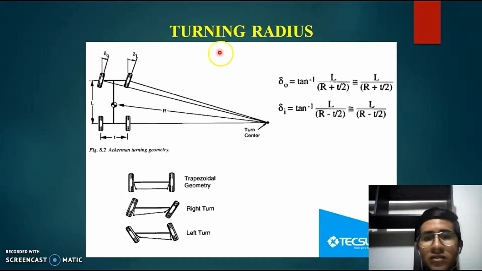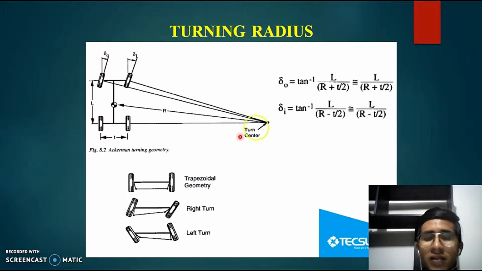In the case of the turning radius, I can observe a graphic. To perform the measurements of the turning radius of the vehicle, we first have to calculate the distance between the rear axle and the front axle.